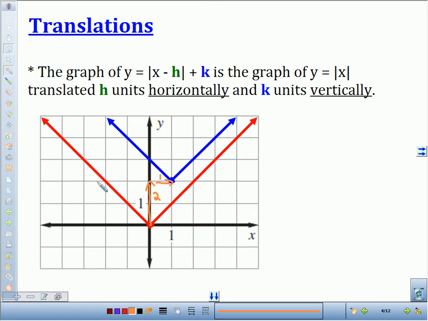That means that my h value is 1 because it moved to the right 1. My k value is 2 because it moved up 2. That would make this equation y equals the absolute value of x minus 1, plus 2.